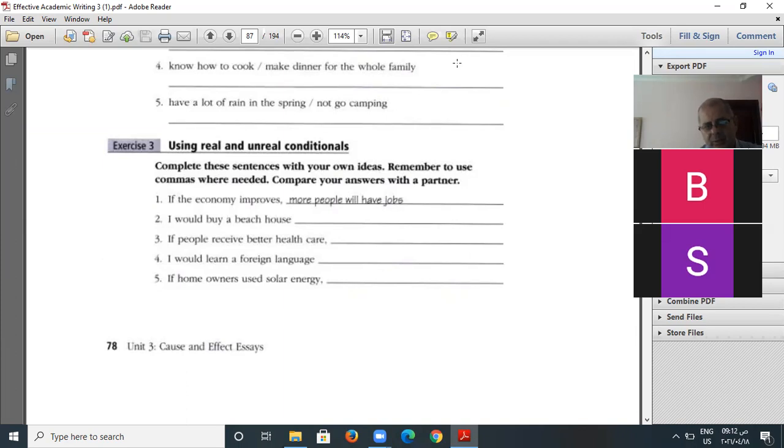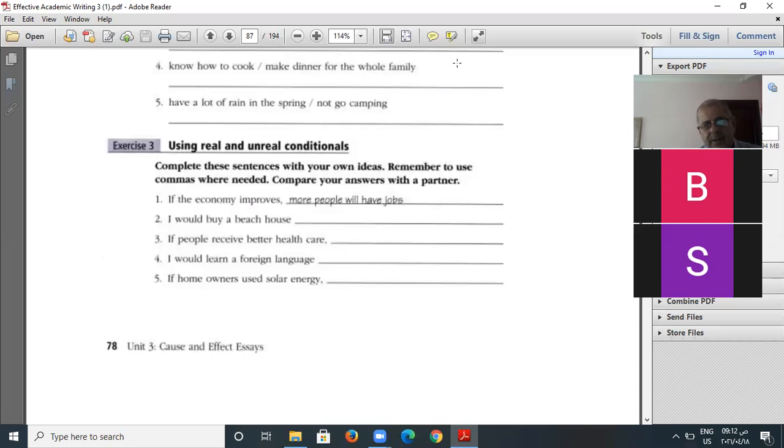In sentence number 4, what is it here? Unreal. Yes, I would learn a foreign language if I could go back to school. Okay. Next. If homeowners used solar energy, they would save money on their heating bills. Unreal. Yes.